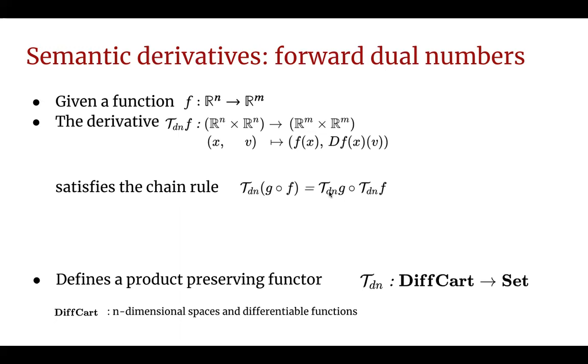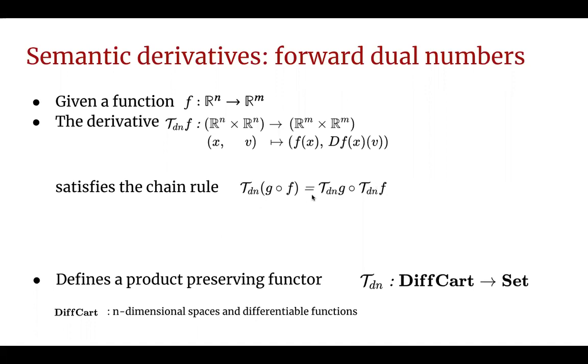If we take as the domain category something that I call Diff Card, the objects of this category are just Rn for some n, so n-dimensional spaces. The morphisms are differentiable functions. Then this derivative defines a functor from Diff Card to the category of sets and functions. And the chain rule is precisely a functoriality equation.